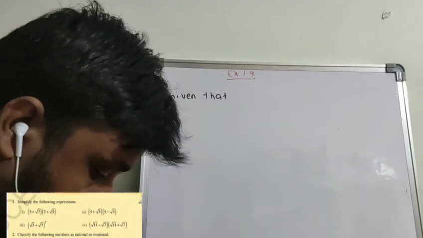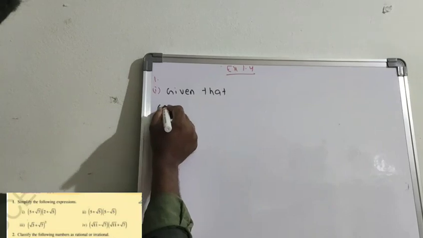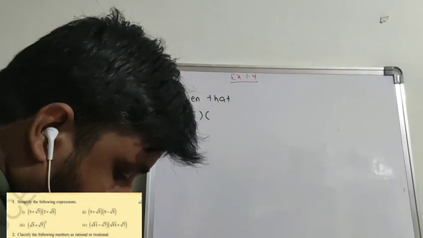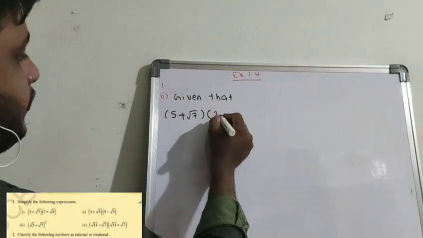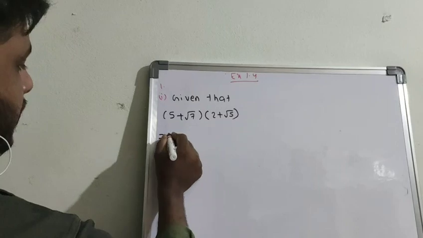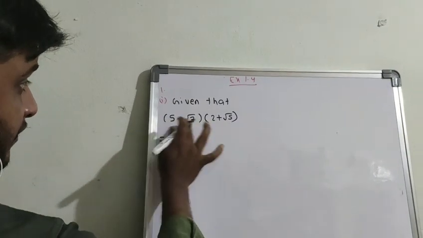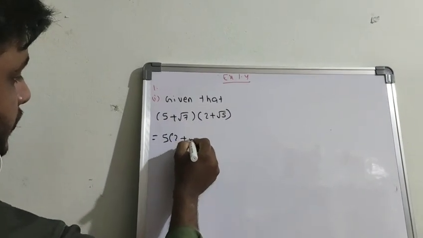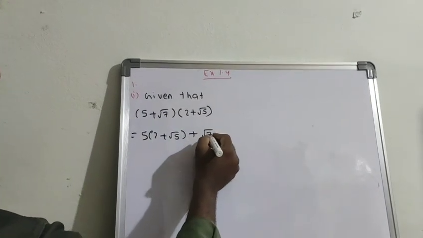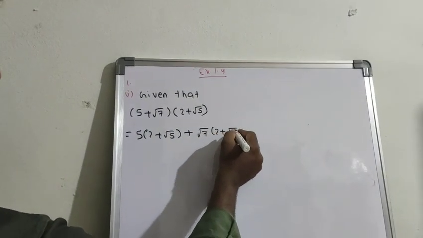We have (5 plus root 7) into (2 plus root 5). So how to do the multiplication? Simply use the distributive property. 5 into (2 plus root 5) plus root 7 into (2 plus root 5).